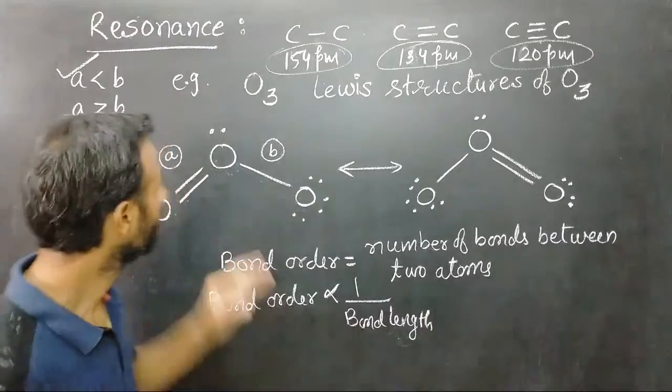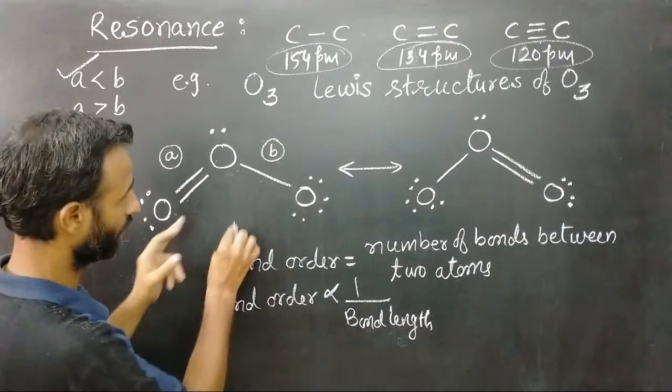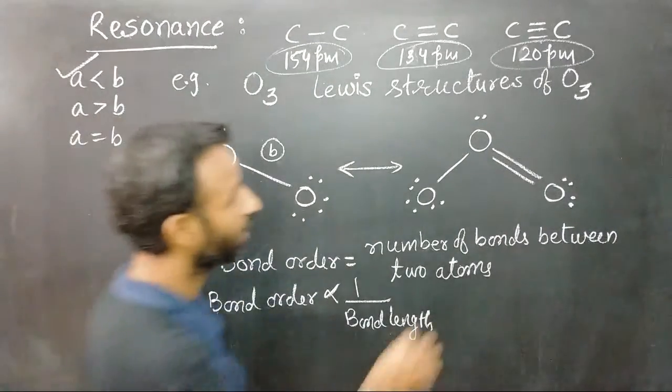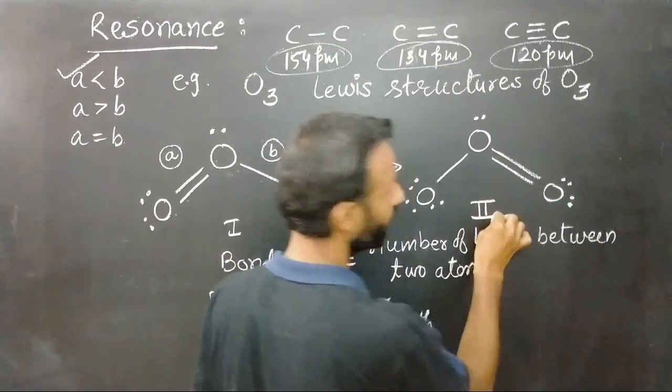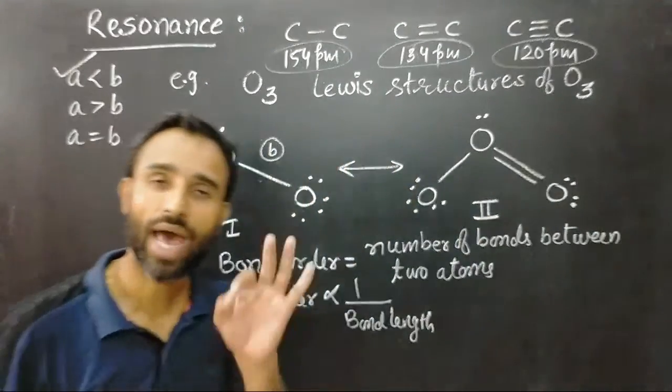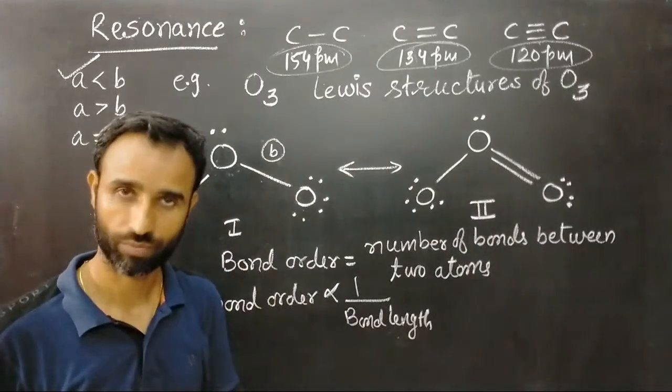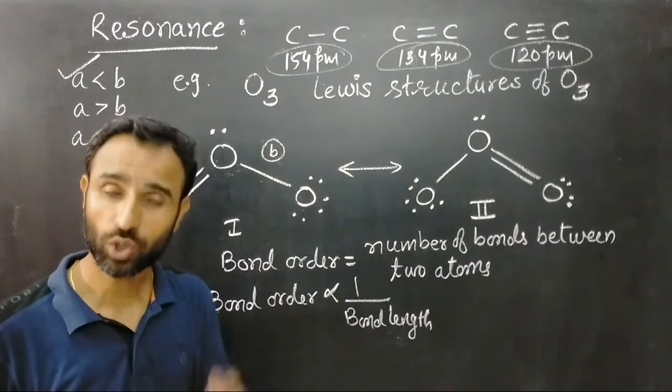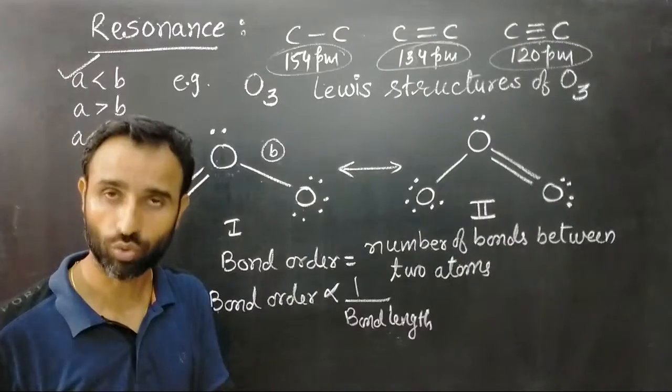That means neither this structure 1 nor 2 is the actual structure of ozone. They are not the actual structure of ozone.